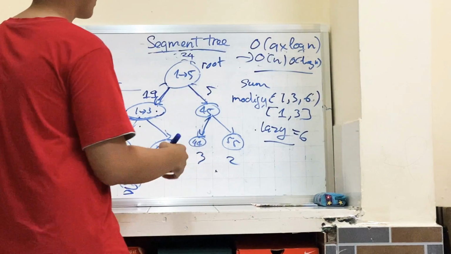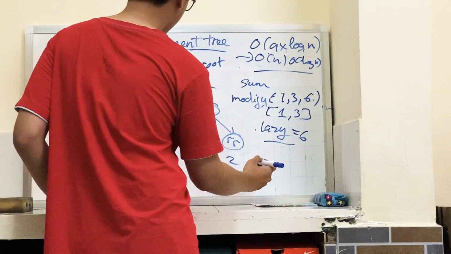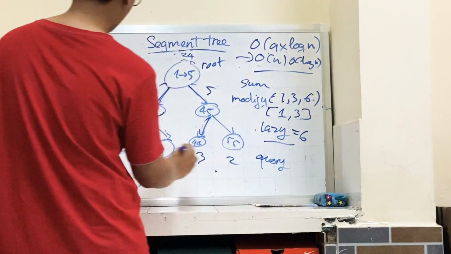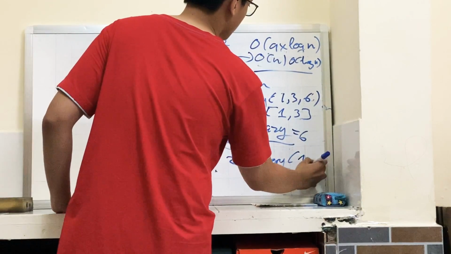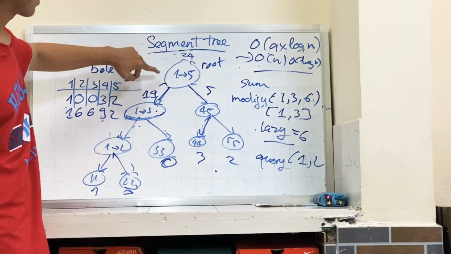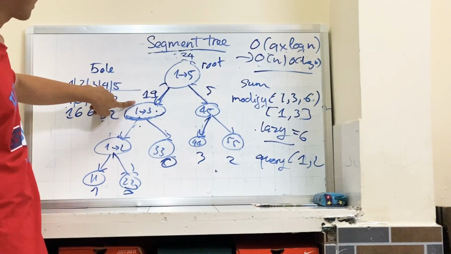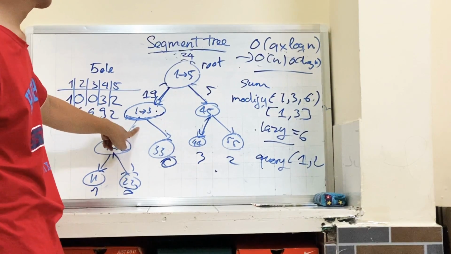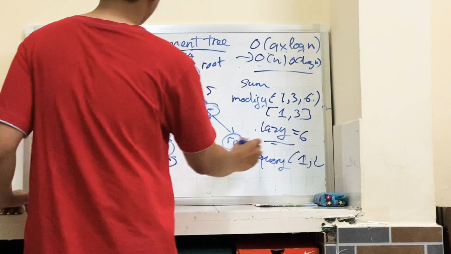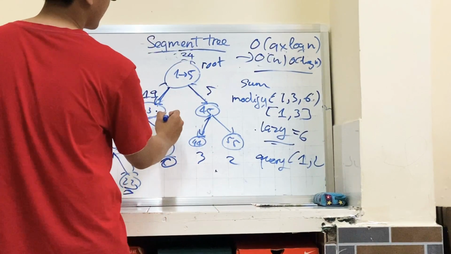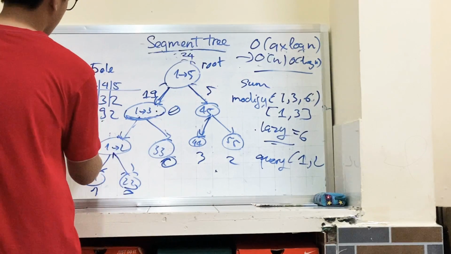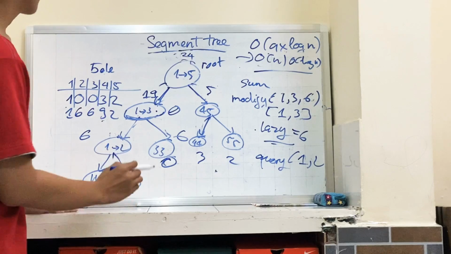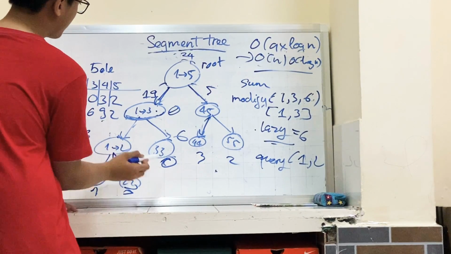And then if I try to query 1, 2, I traverse to the nodes, and before visiting the nodes, we push the lazy value to each child node. So the lazy will be 0, and you push it, so the lazy values will be 6 and 6, because this segment holds 2 values.